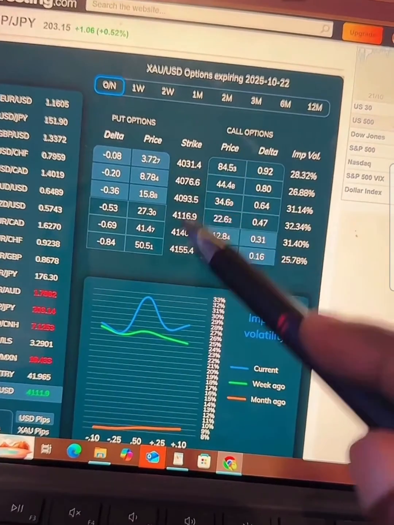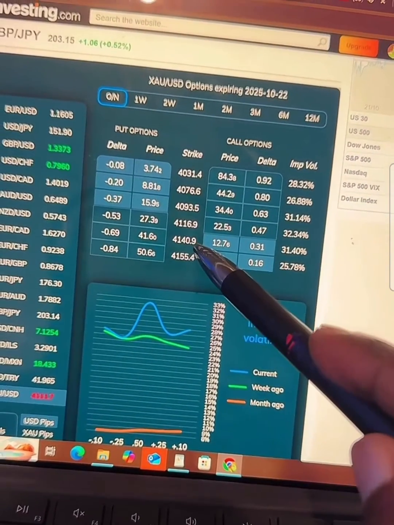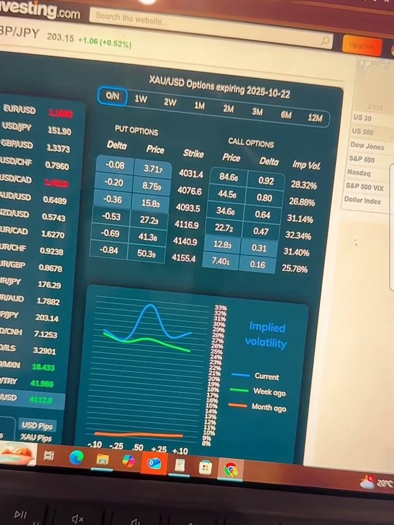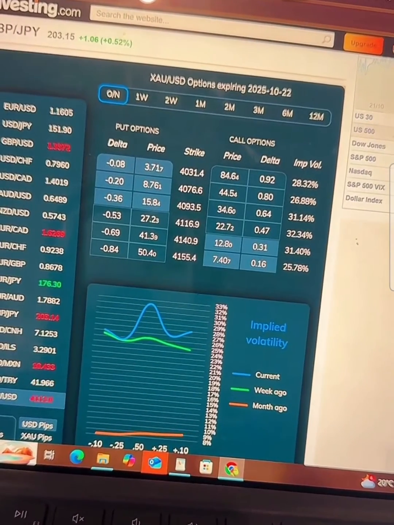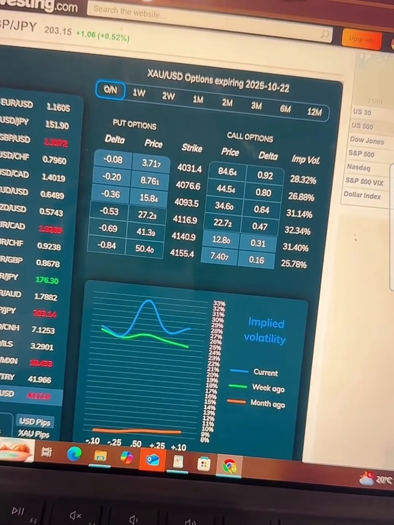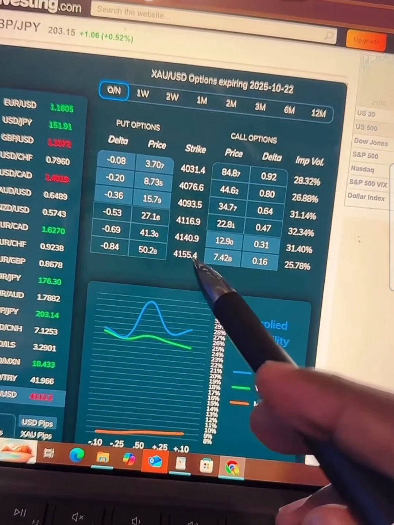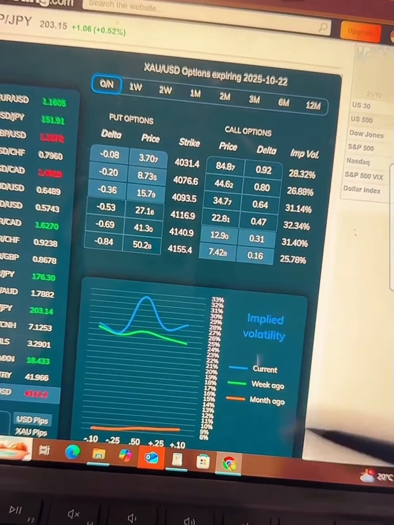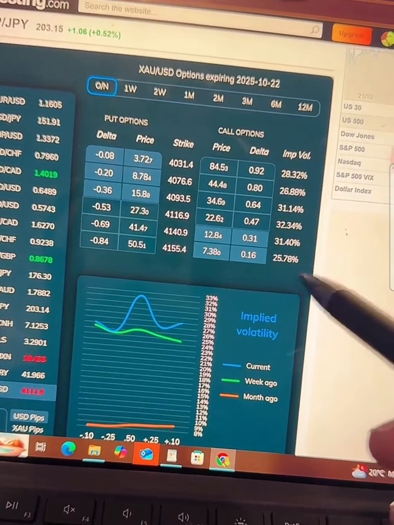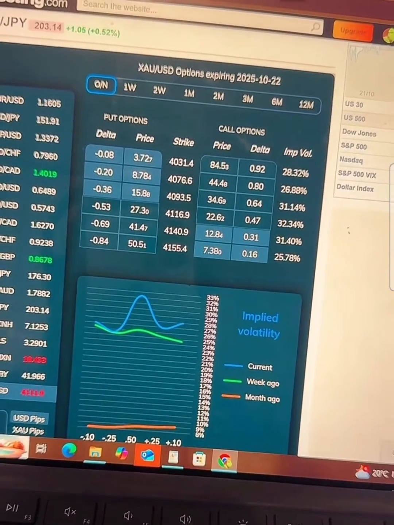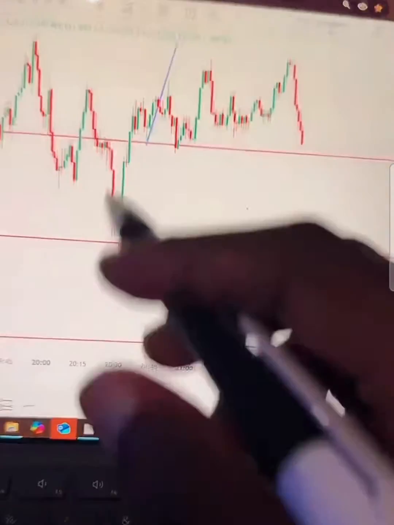Between the three strike levels, 4140, 4116, 4155. So it's basically either 4140 or 4155. Why? Because implied volatility is low at those specific levels. Especially 4155, implied volatility is very very low at 4155.